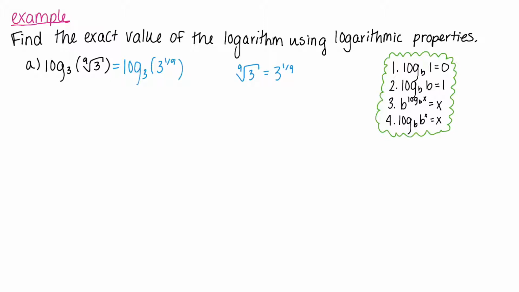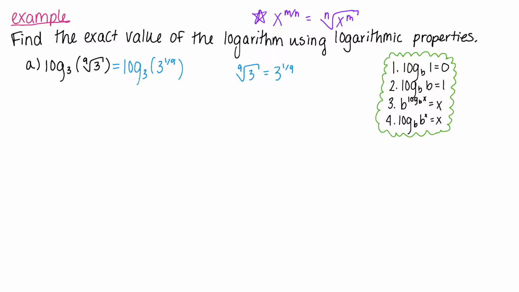If you remember from Math 96, I believe, if you have x raised to the m over n, this is the same thing as the nth root of x raised to the m. This might be an important fact for later, so definitely keep that in mind. Here, we didn't have an exponent on the 3, so the numerator is 1, and then the root is 9. So the root is always the denominator of the fraction in the exponent.